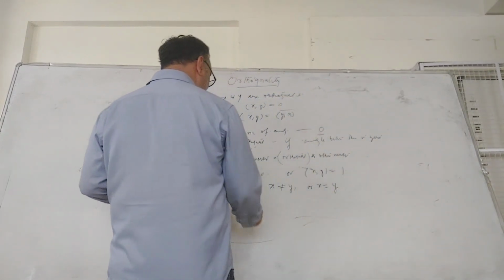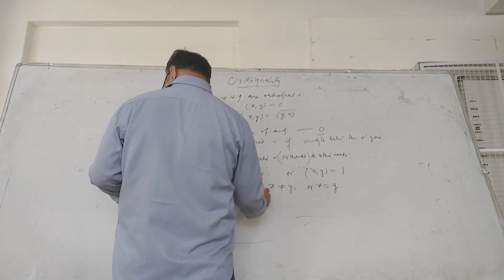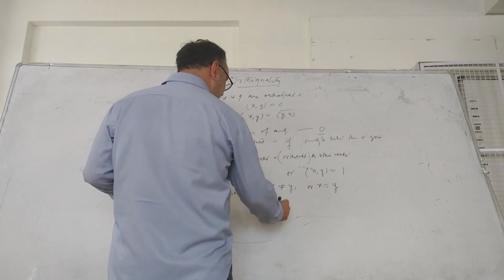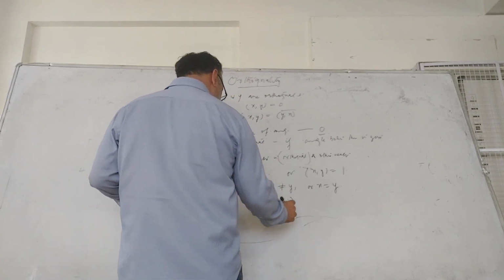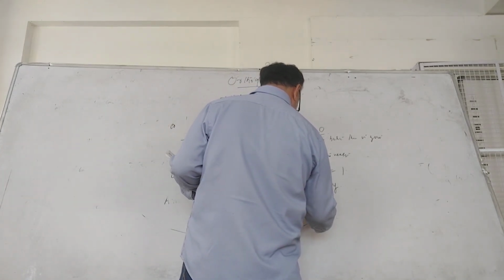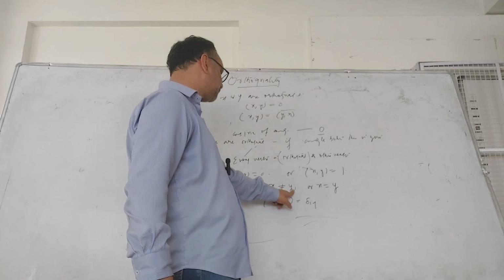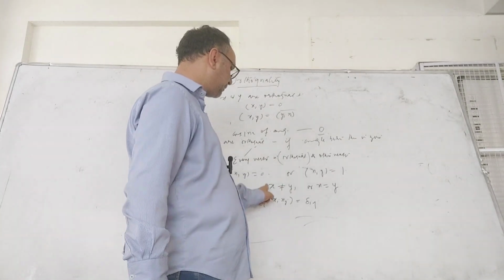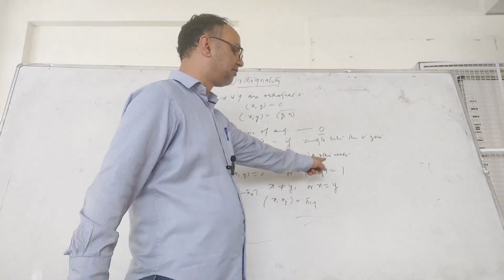And if x is finite, maybe x1, x2, and so on up to xn, then the inner product of xi and xj is delta ij. This means if x is not equal to y, then it will be 0, and if x is equal to y, it will be 1.